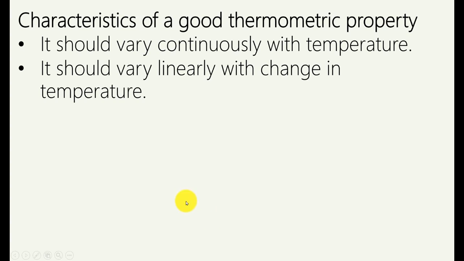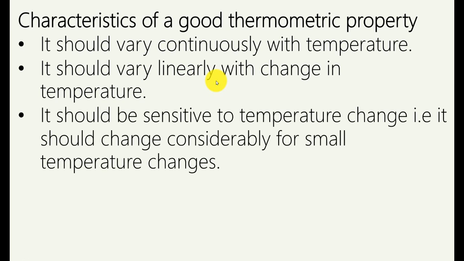The first point was continuously. It should not vary and then stop varying. It should vary continuously. Then here it should vary uniformly, or what we call linearly, with the change in temperature. And then it should be sensitive to temperature changes.